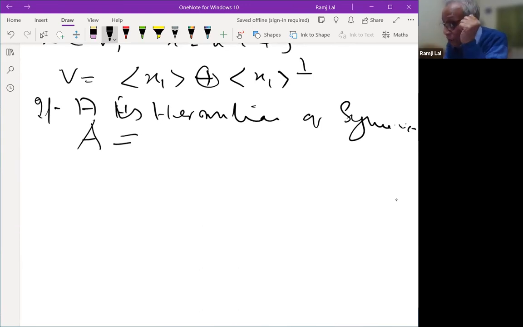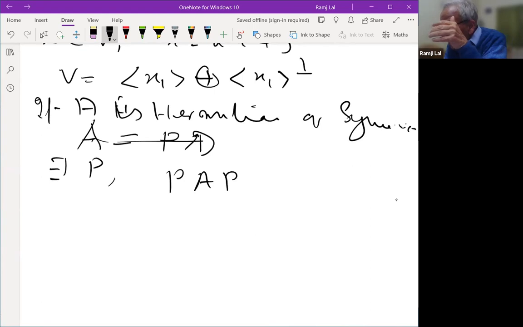Congruent to a diagonal matrix means there is a non-singular matrix P such that P A P transpose, in case it is a symmetric one, and P A P star when it is a Hermitian one, is a diagonal matrix.